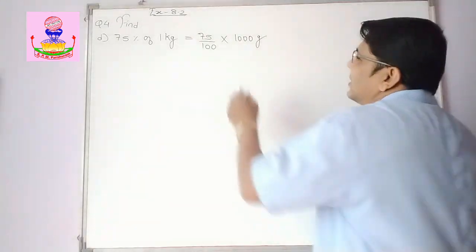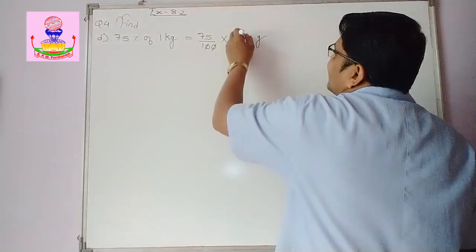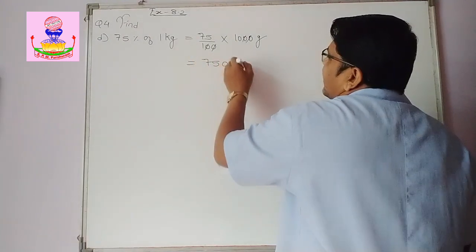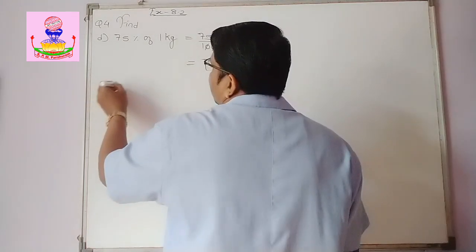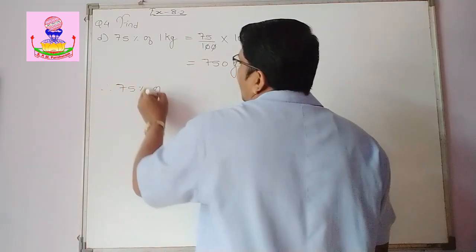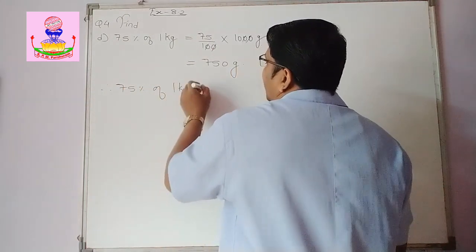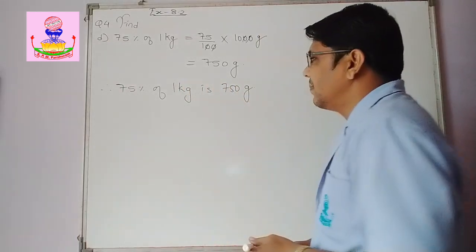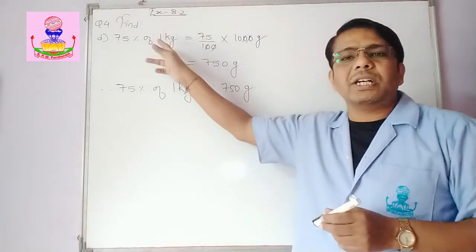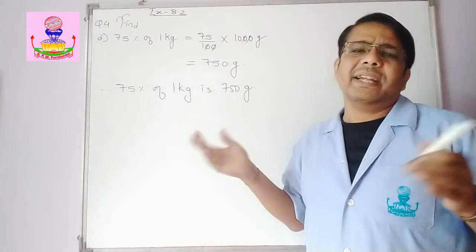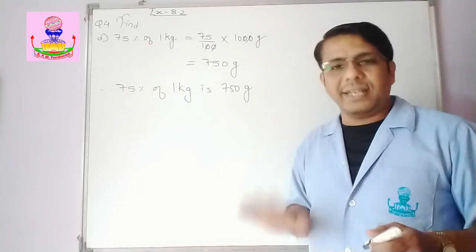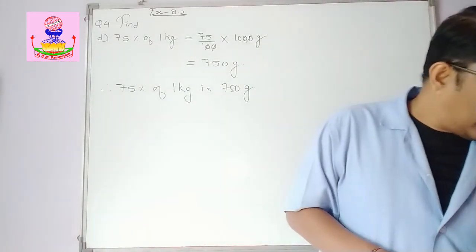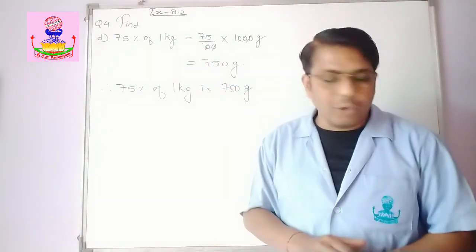Of means multiplication. 1 kg means 1000 grams. Okay. So 2 zeros will get cancelled. 75 tens are 750 grams. So therefore 75% of 1 kg is 750 grams. Okay. Now if you don't convert and if you find the answer, that is also not wrong. Your answer will be in kgs.